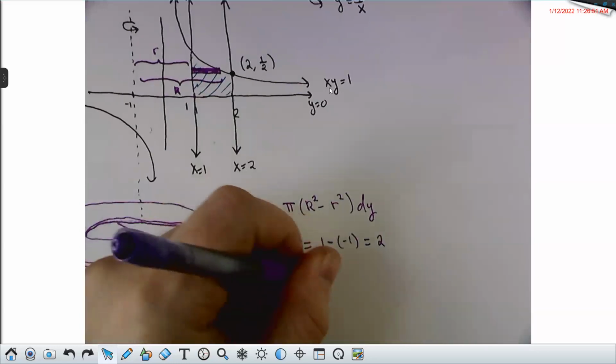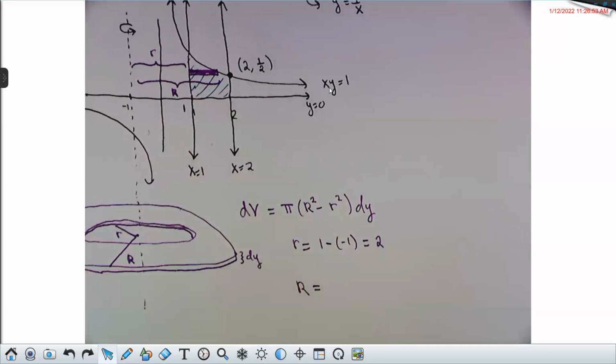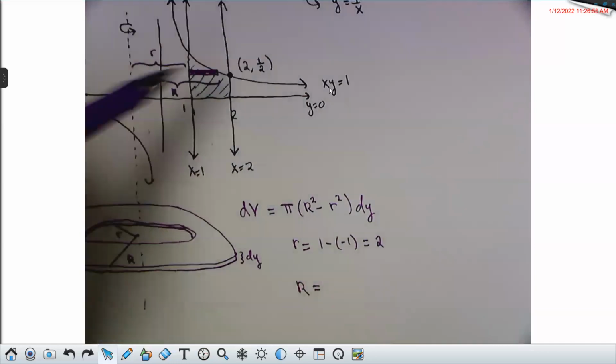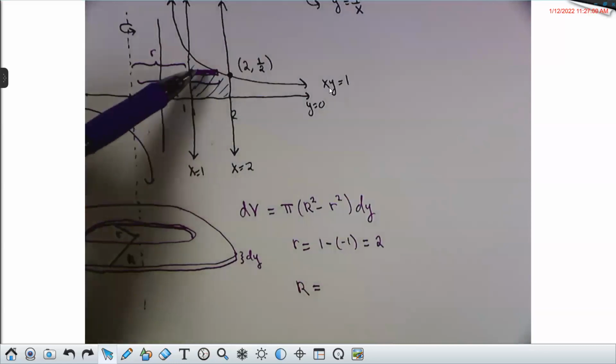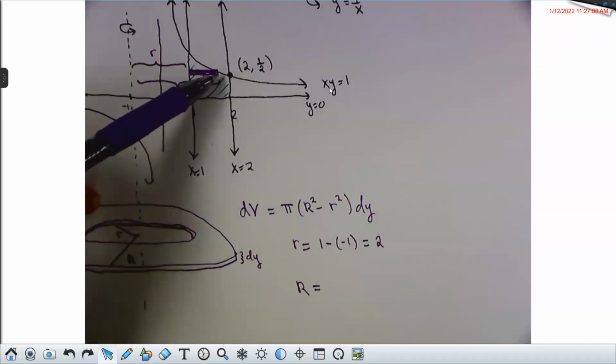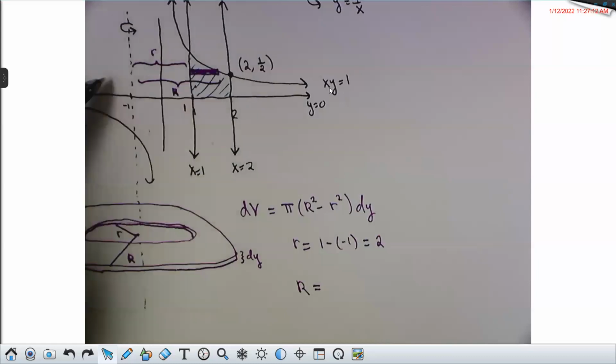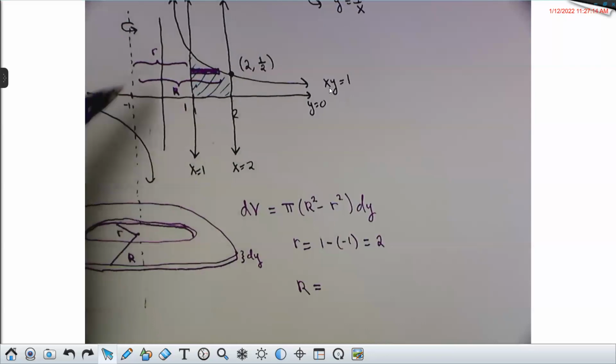I'll say that again because I want you to get it. If the strip is above this point, remember we have to think of the strip as moving through this region. If the strip is above this intersection point, then capital R is the horizontal distance from this curve to the axis of rotation here.